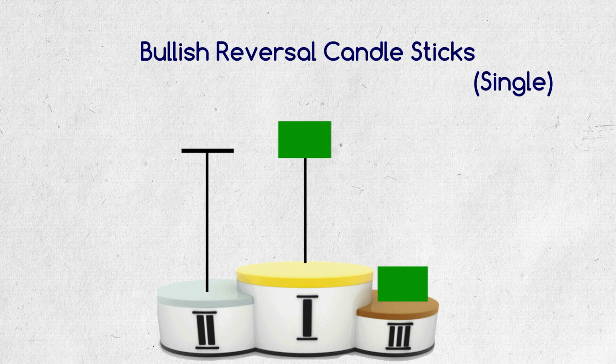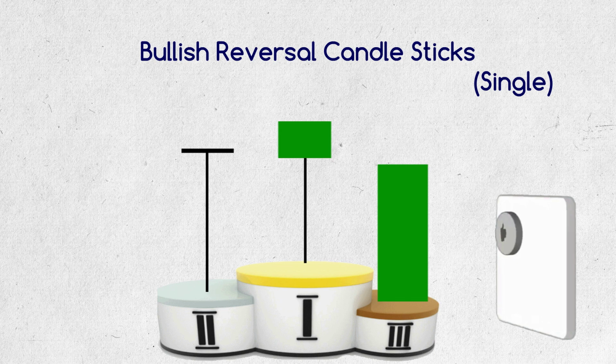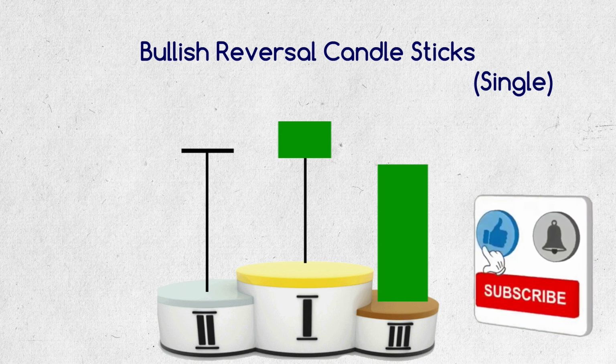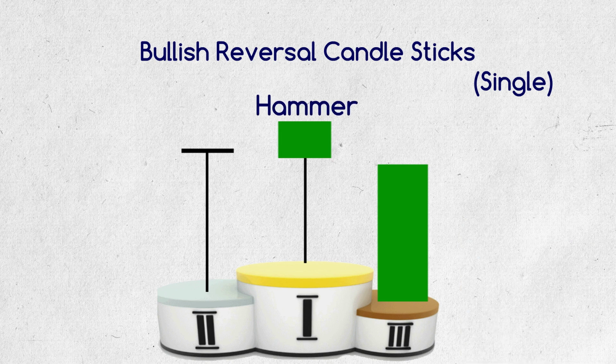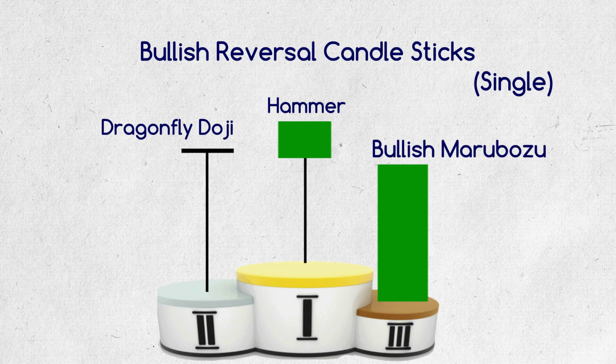Third importance to this formation. Why? Because see, bulls are in complete grip no doubt, but there wasn't any fight here. We can be more confident if bulls have a good fight with bears and then win. Okay, to sum up, the middle candle formation is called hammer, the left side candle formation is called dragonfly doji, and the right side is called bullish marubozu.